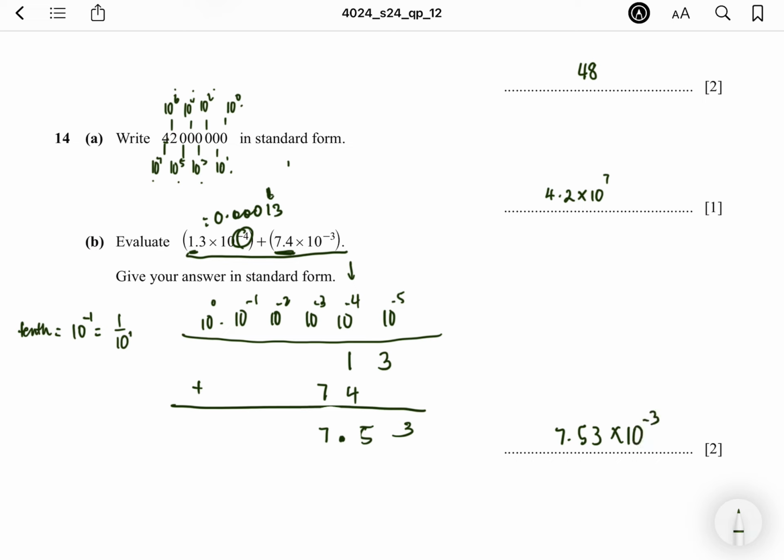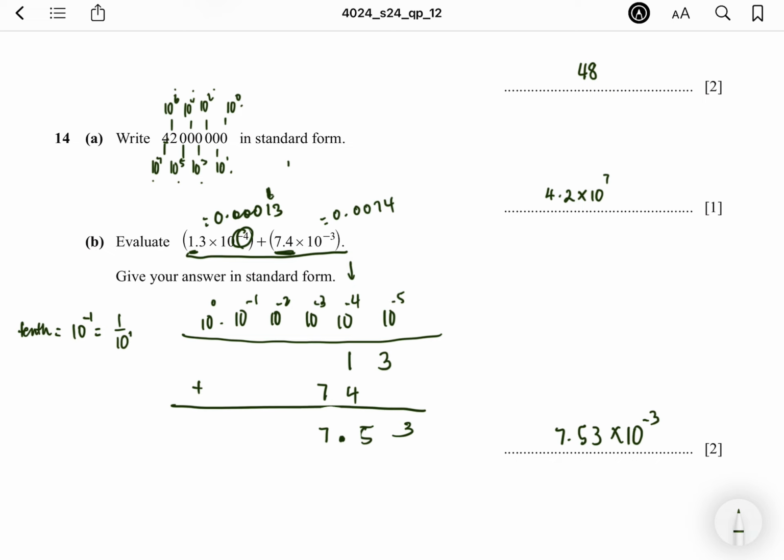And that's your final answer. You can also change it into ordinary numbers. That's fine as well. So 0.0074, do the addition and then change it back into index form. Sama jawapannya equals to 7.53 times 10 to the power minus 3.